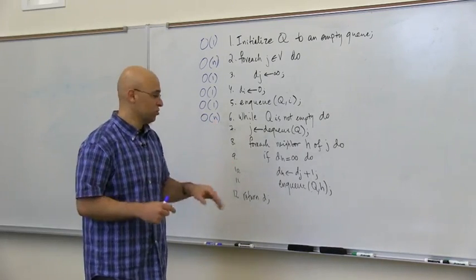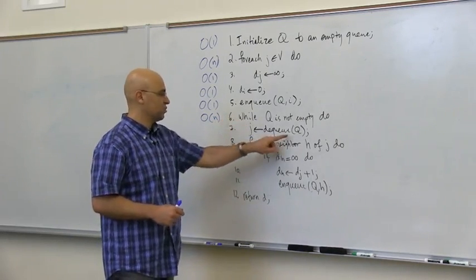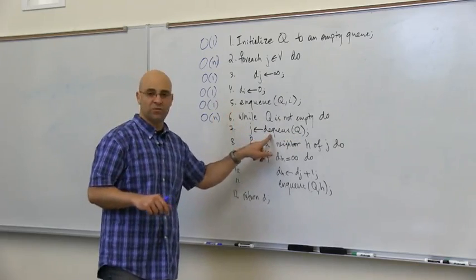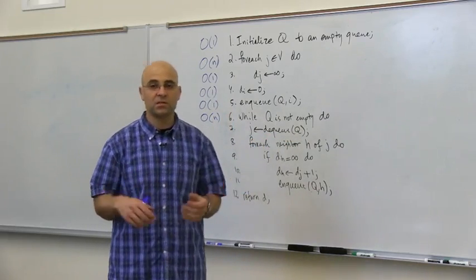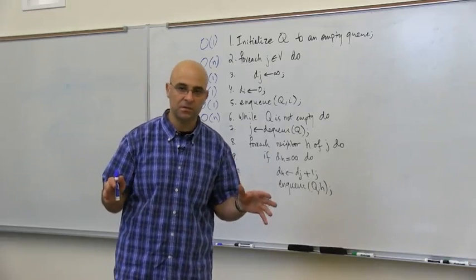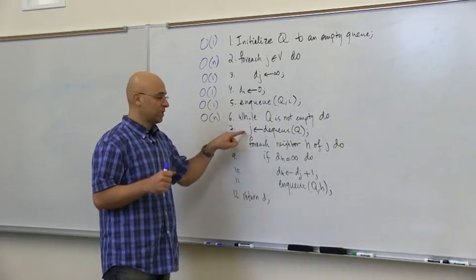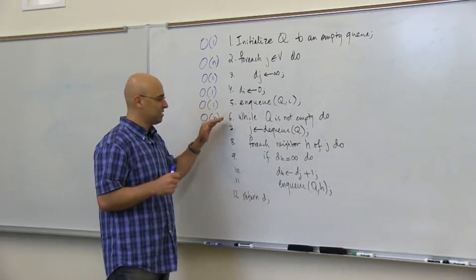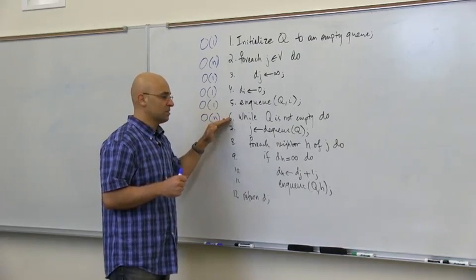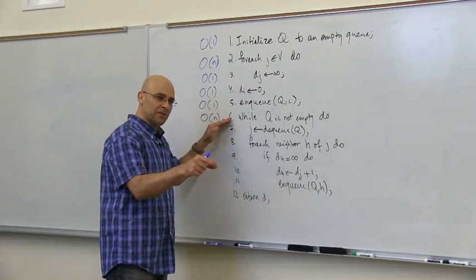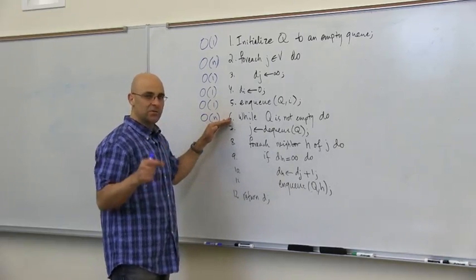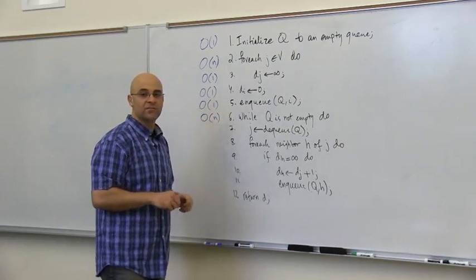And if you don't have this line here, if you just look at the value of j without removing it from the queue, this actually will turn the algorithm into a non-terminating algorithm, okay? So again, you have to reason carefully about what's happening to the queue here to be able to understand how many times this loop is going to iterate. Every node is added exactly once. In every iteration, exactly one node is removed. Therefore, we have n iterations.